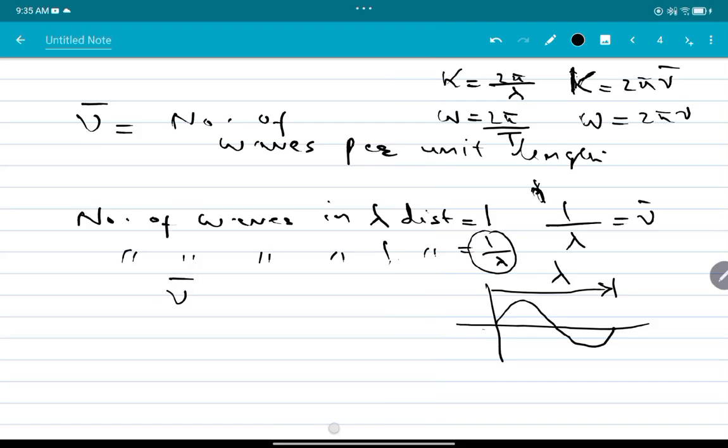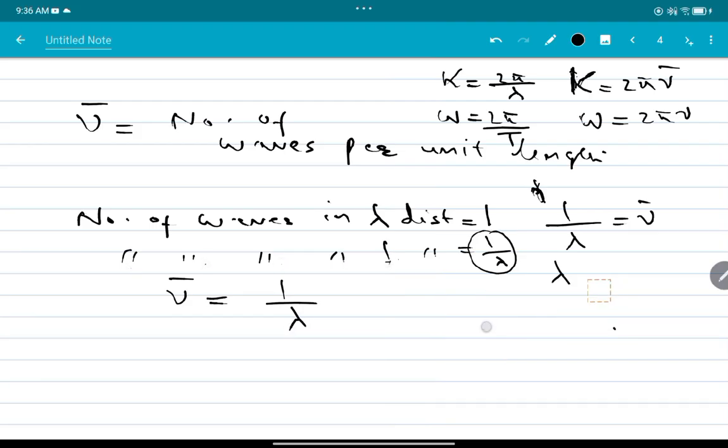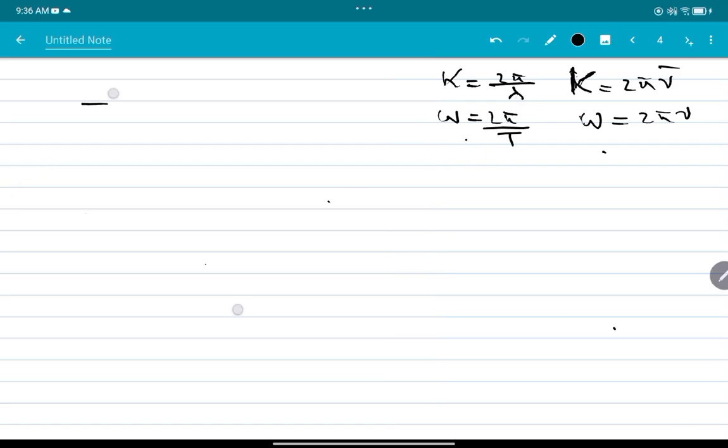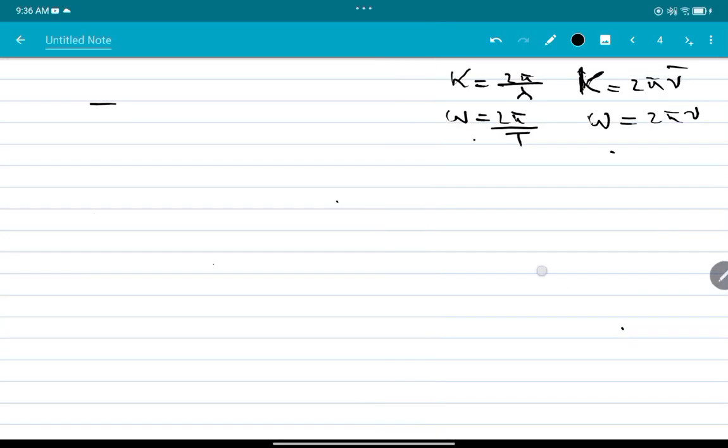So wave number is 1 by lambda, the number of waves per unit distance. So till now I have this situation, and I will keep these things with me: nu bar is equal to 1 by lambda. These formulas we will be using, they will be important for us.